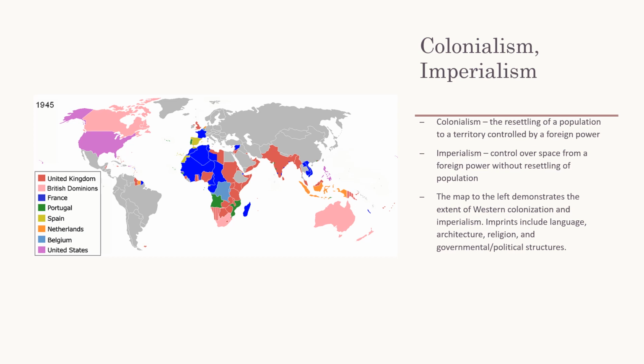So when we think about this map over here to the left, this is when empires were growing, and in 1945 we can see the extent of the empires that existed in terms of dominance of the world. That helps to imprint language, architectural forms, religious beliefs, and governmental and political structures all over the world.